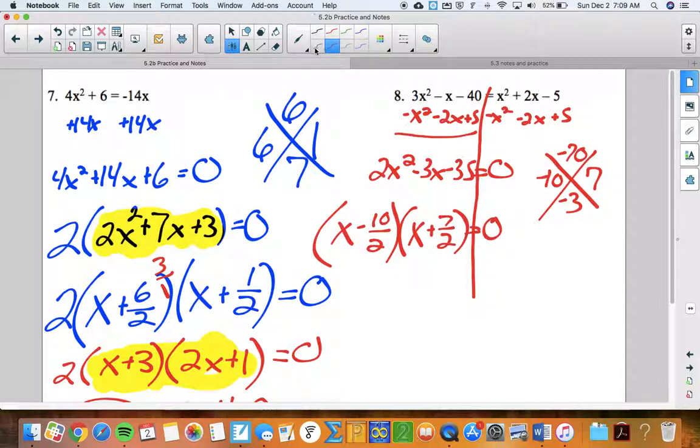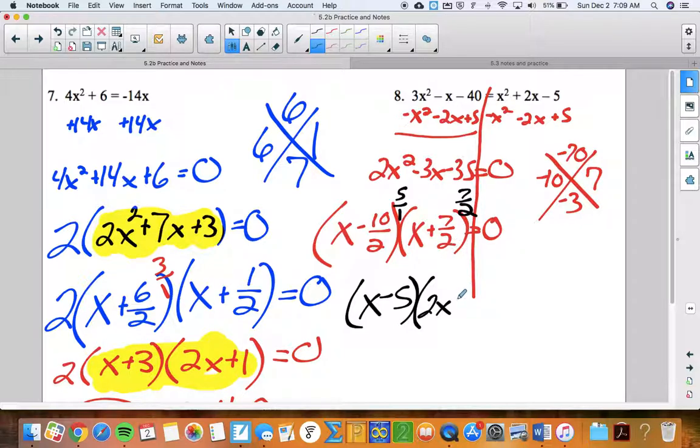Simplify those fractions. This becomes 5 over 1. 7 over 2 does not simplify. So I will move my simplified denominator in front of the x as the coefficient, but I'm not going to actually write the 1. Bring down the minus sign. Keep the simplified numerator. Move the simplified denominator in front of the x, so it's 2x.